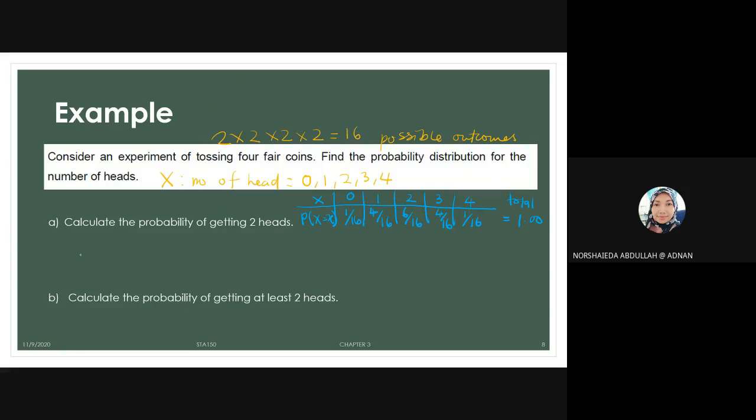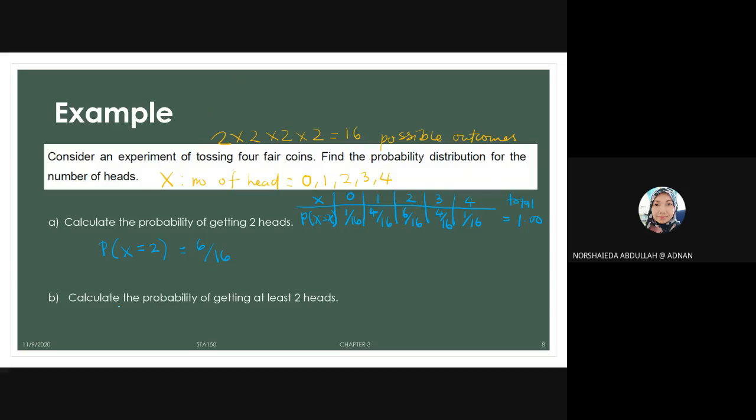Okay, you have to read the statement carefully. So for question A, calculate the probability of getting 2 heads. Okay, meaning that we want to calculate the probability of getting exactly 2 heads, x equal to 2. So x equal to 2 we already have here from the distribution, equal to 6 over 16. Okay, so you can simplify the fraction or convert it to decimal, it doesn't matter.